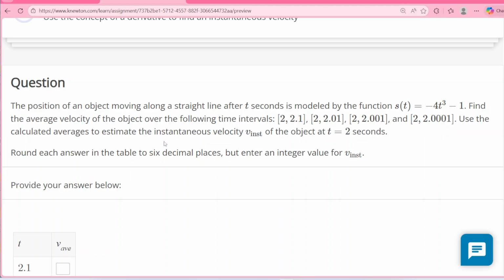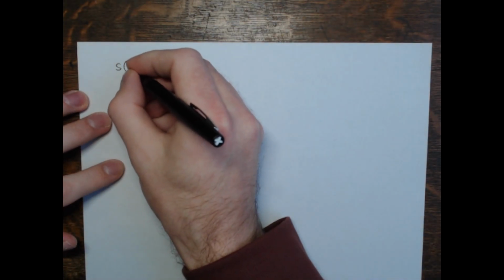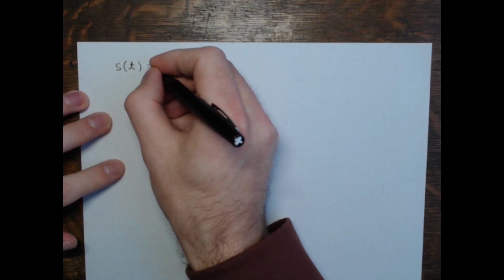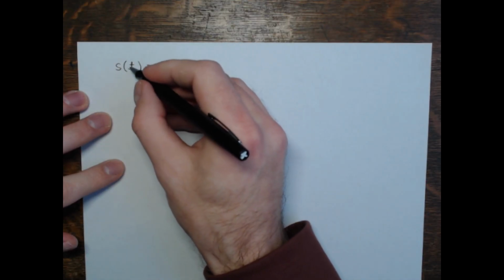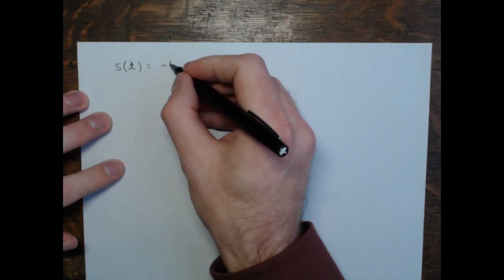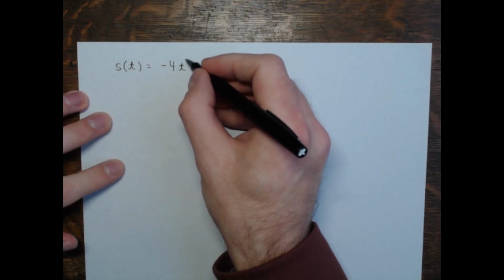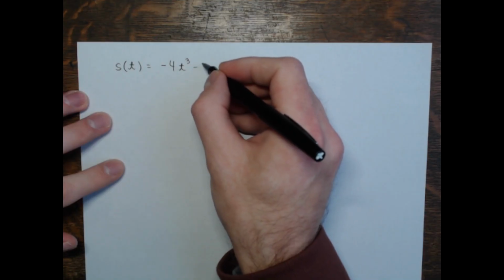What I'm going to do is make an expression for the average velocity from time 2 to time t. So here's your position function again. s of t, the position at time t, is represented by negative 4 times t cubed minus 1.